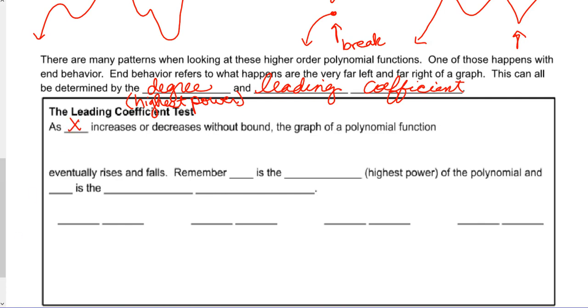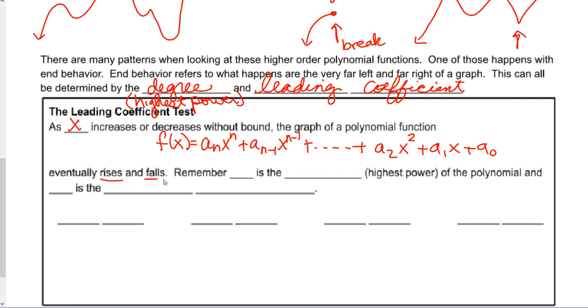So as x increases or decreases without bound, that means when it goes on forever and ever and ever, the graph of a polynomial function, let's remind ourselves what that looks like from above: a sub n x to the n plus a sub n minus 1 x to the n minus 1 plus, continue on where I get a sub 2 x squared plus a sub 1 x plus a sub 0, where the graph of that function eventually rises or it falls.